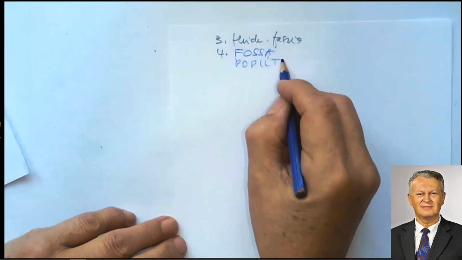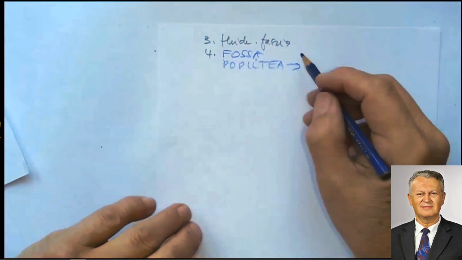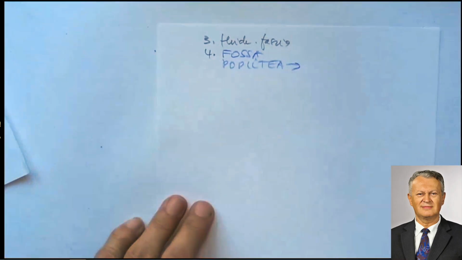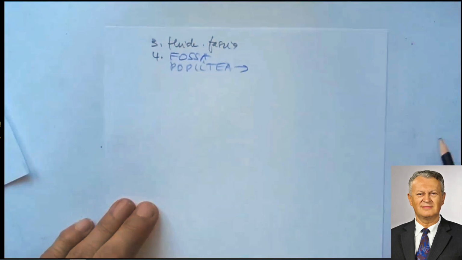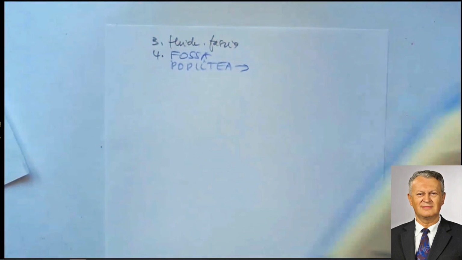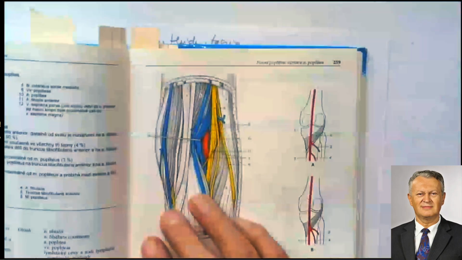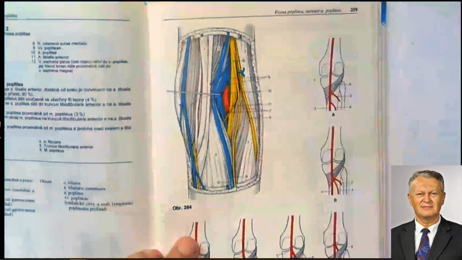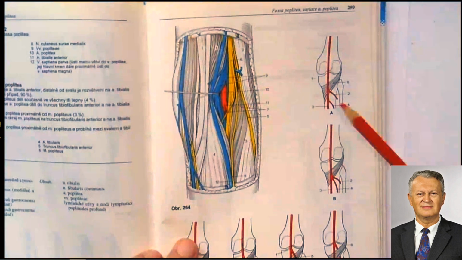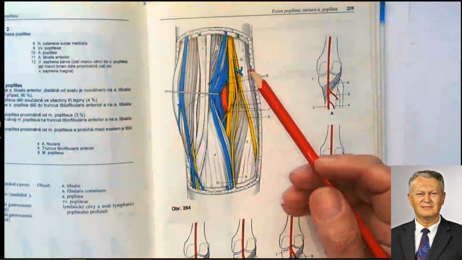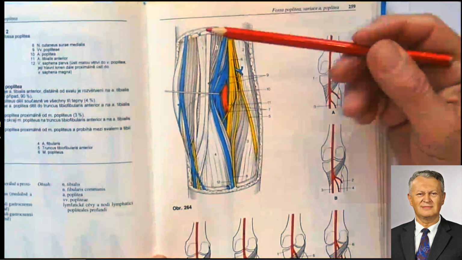Here is the best place for drawing, just a sketch, because we will see diagrams. Fossa poplitea. We have this fossa poplitea in this picture, looking at the boundaries.